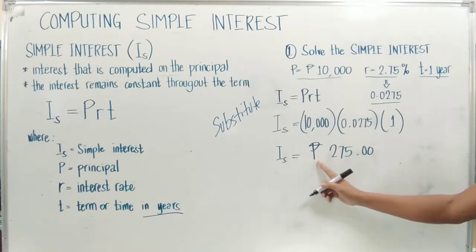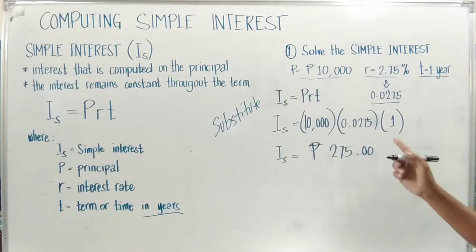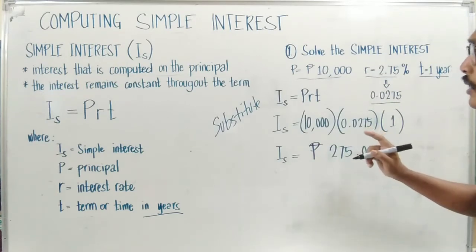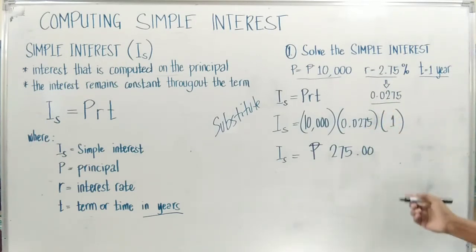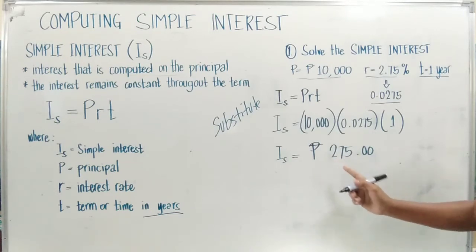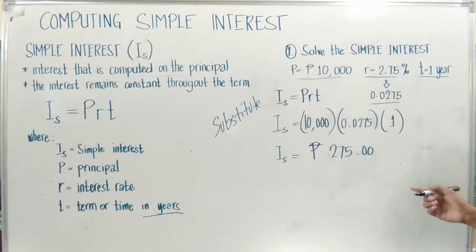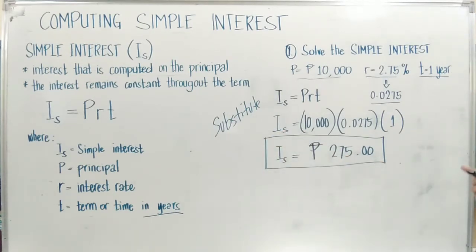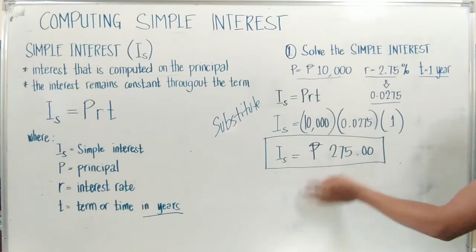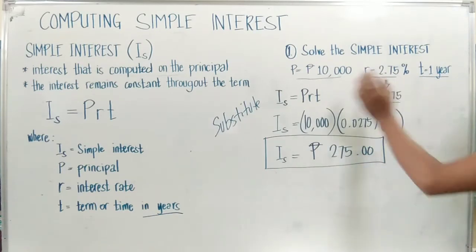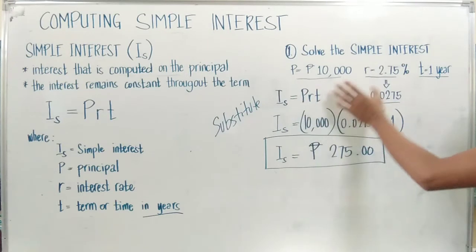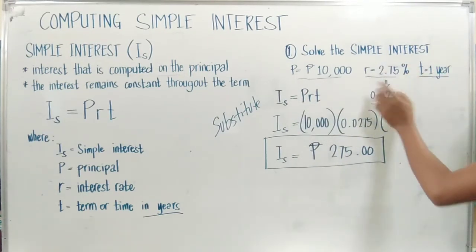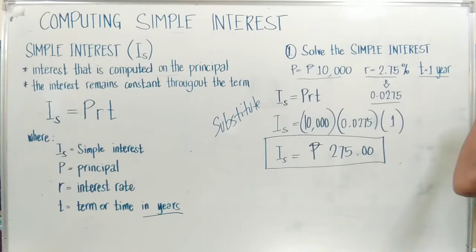We put the peso sign, or if the money is in any other currency, such as dollars, the unit of measurement for money. So for our first example, your simple interest is 275, given a principal of 10,000, a rate of interest of 2.75%, and a term of 1 year. Okay, so let us proceed to another example.